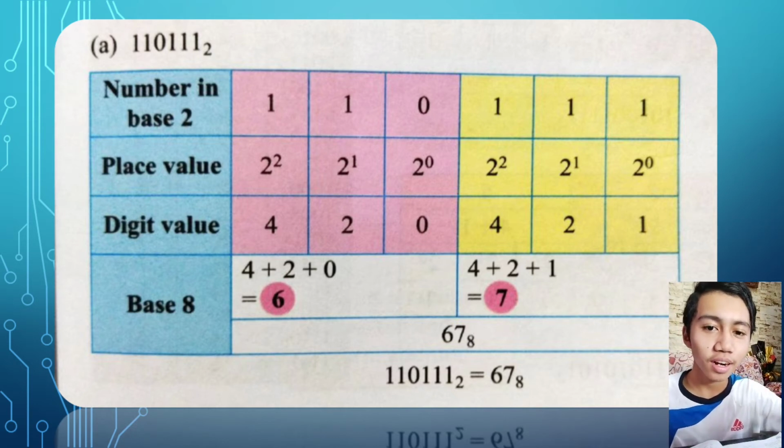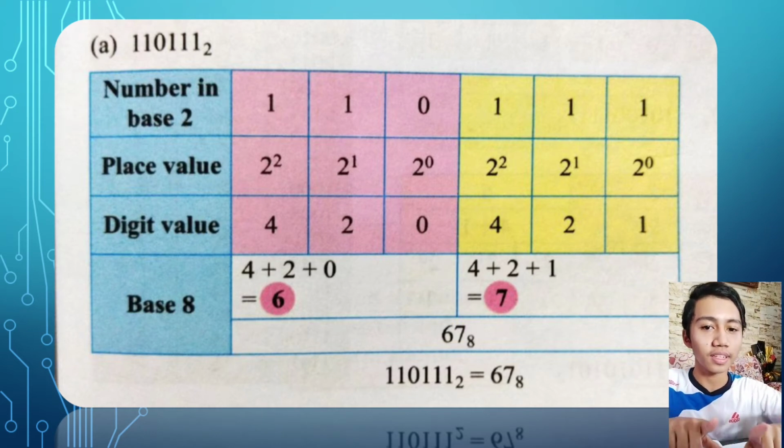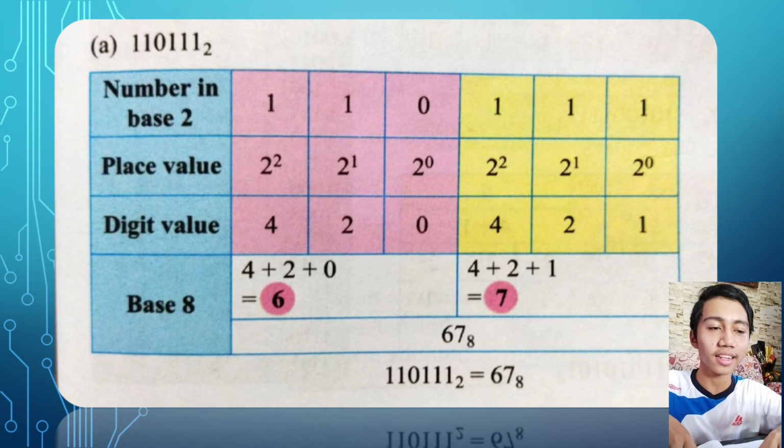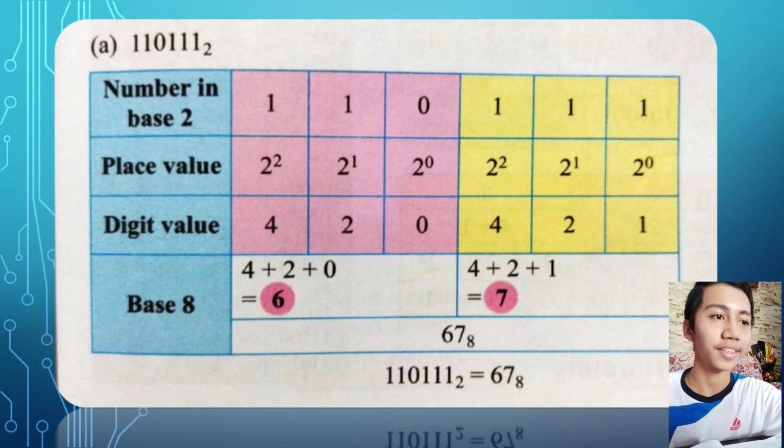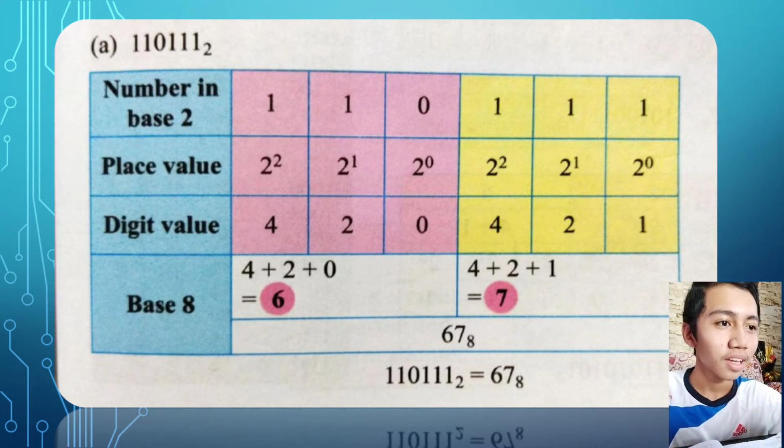We are not adding, but we are mixing 6 with 7. So we will get the number 67 base 8. So actually it is easy as you get to know the concept. And don't forget about the place value from the right to the left.